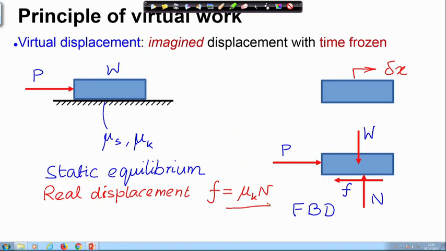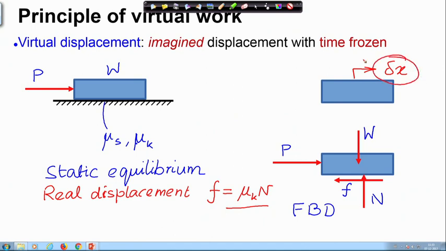But under virtual displacement, this force F is unknown. It is frozen at the value of force at the time instant of interest at which we are looking at the equilibrium. So, whatever be the force F, it is frozen, it cannot change when I give this virtual displacement.